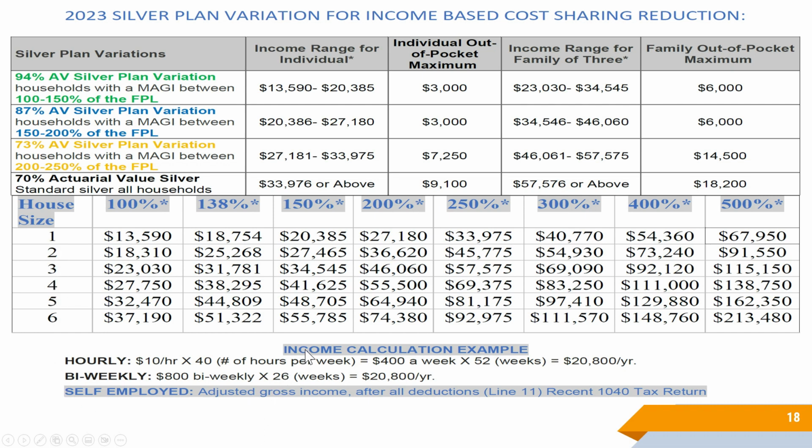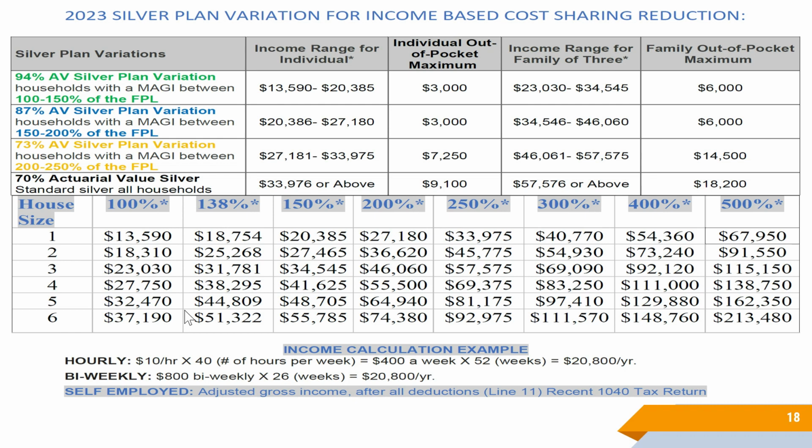And then when it comes to income calculation on the marketplace, it's asking individuals for estimated income for 2023. So it's impossible to know how much money you're going to make next year because it's still a whole year away from today.